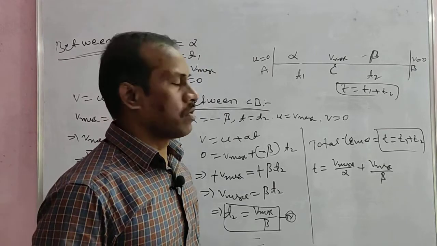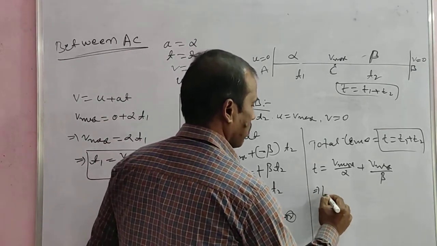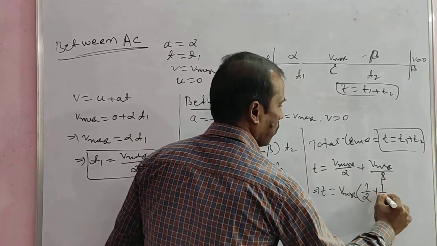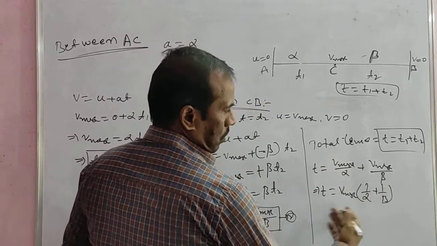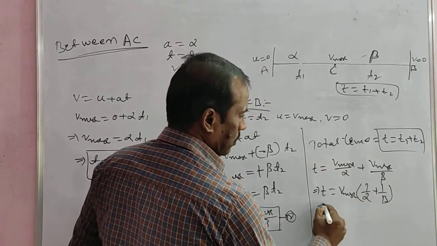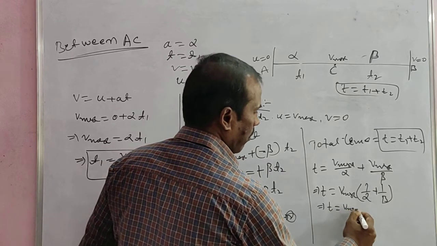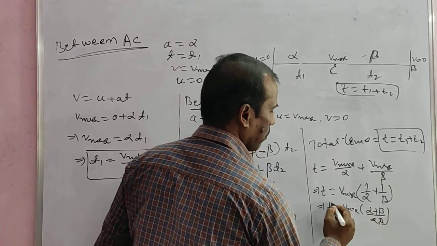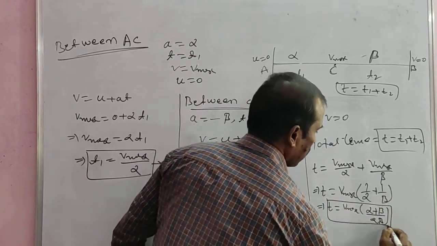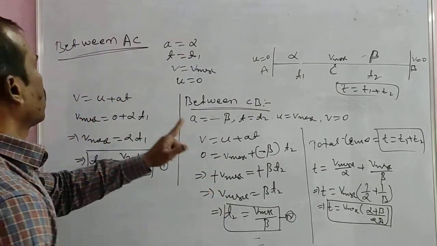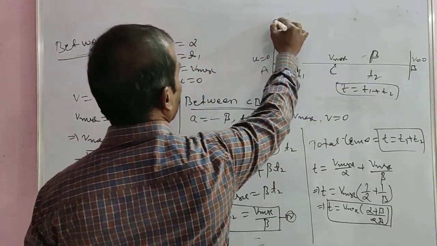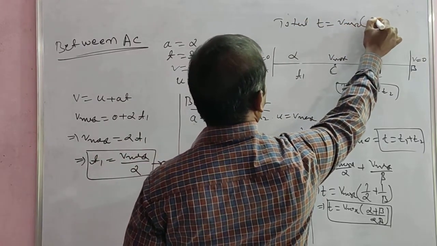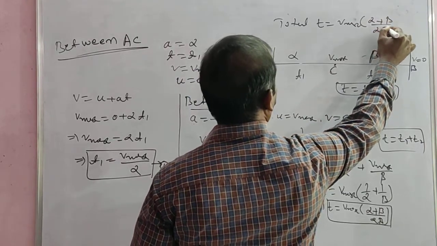Maximum velocity is constant, so it simplifies to T is equal to V maximum into 1 by alpha plus 1 by beta. Simplifying, T is equal to V maximum into alpha plus beta by alpha beta. This is the total time.